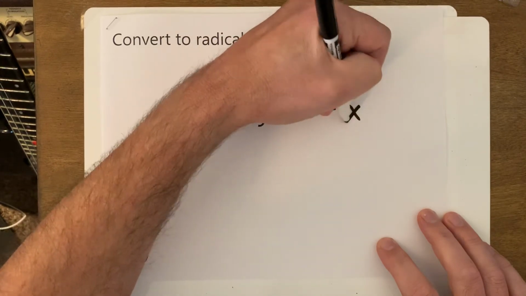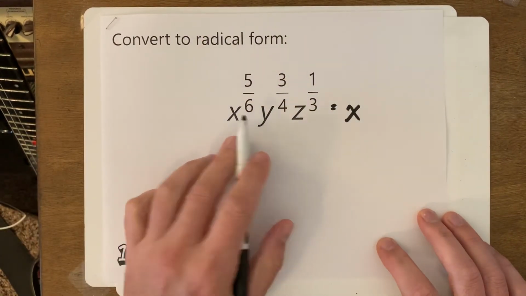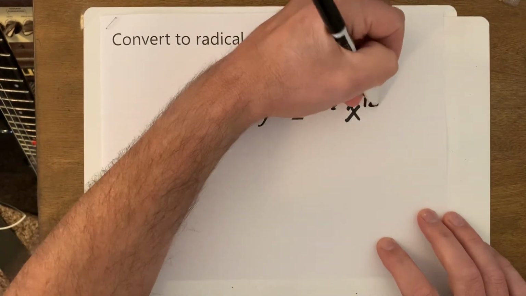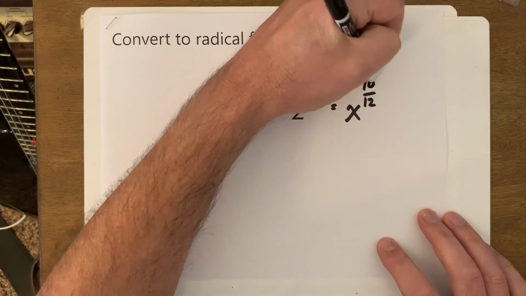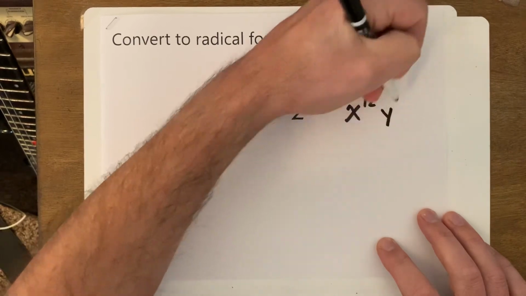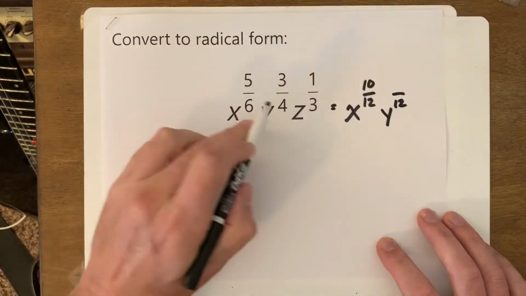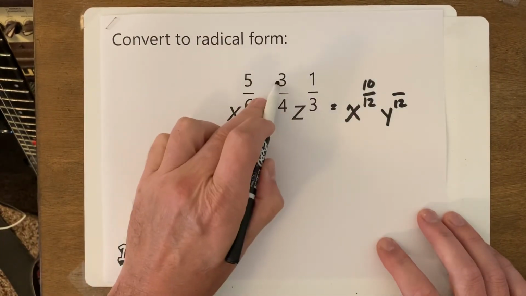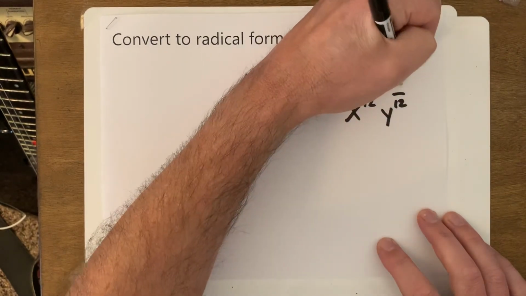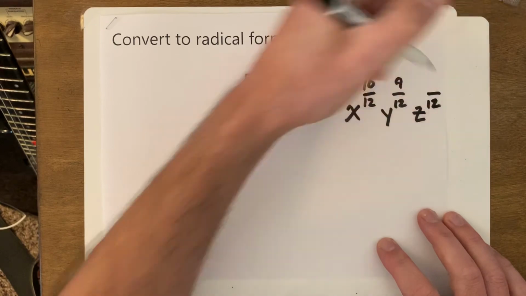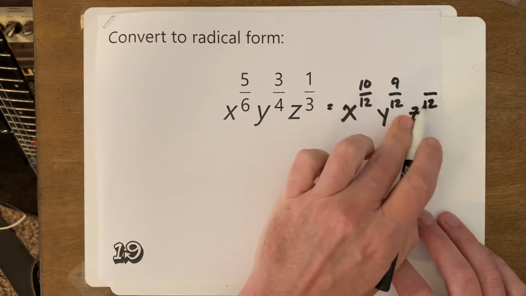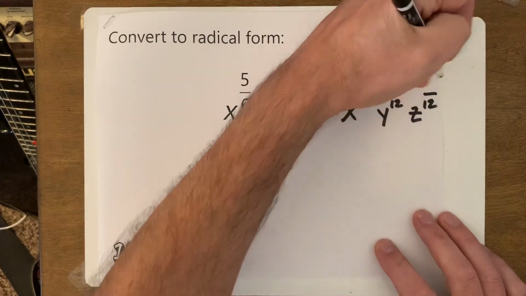So instead of 6, I have a 12 here. 6 times 2 is 12, so 5 times 2 is 10. Y to the 4 times 3 is 12, 3 times 3 is 9. And z to the, 4 times 3 is 12, 4 times 1 is 4.